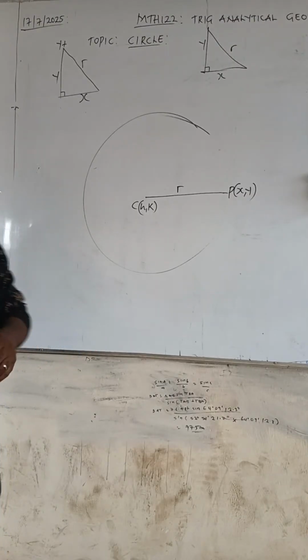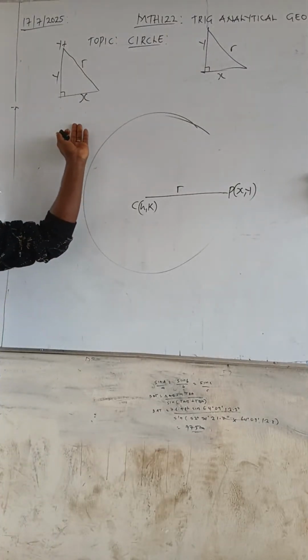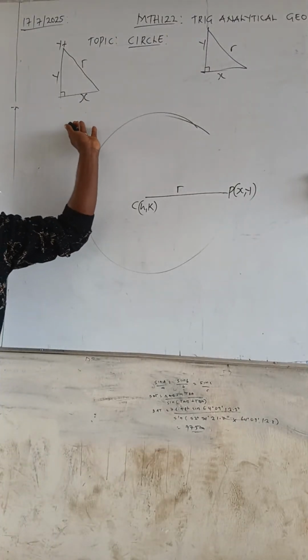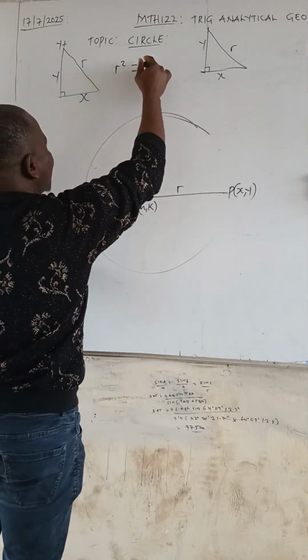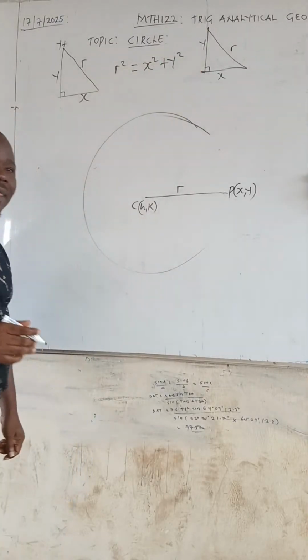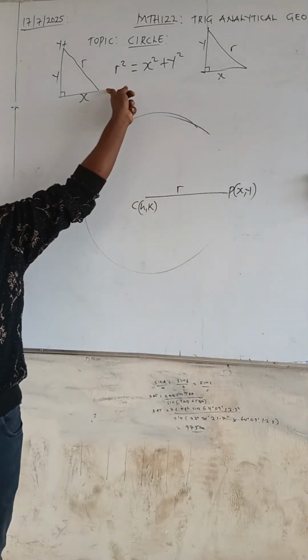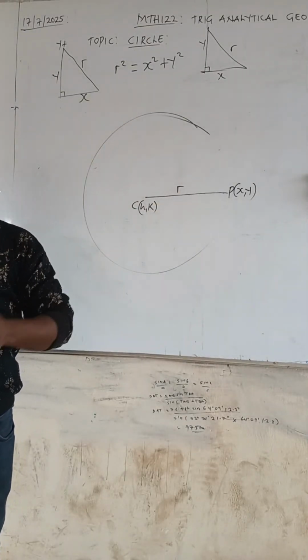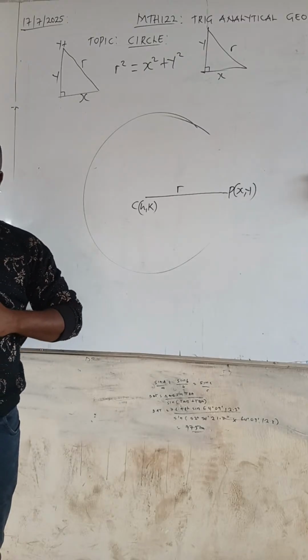Amen? Do you understand? So let us write this statement mathematically. This implies that r squared is equal to x squared plus y squared. So with this, someone can use this formula to calculate the distance between 2 points. True or false? Amen?